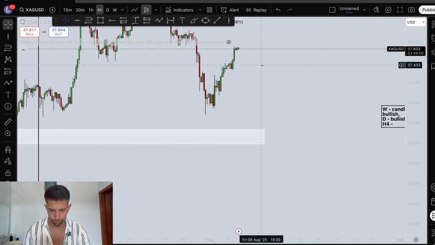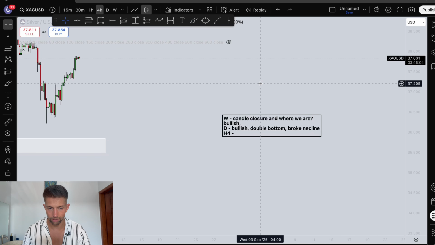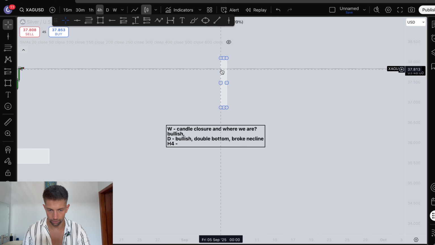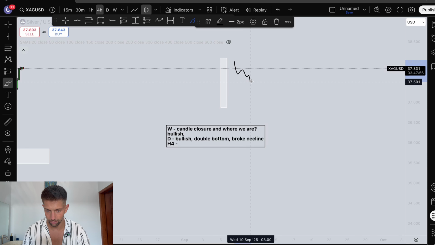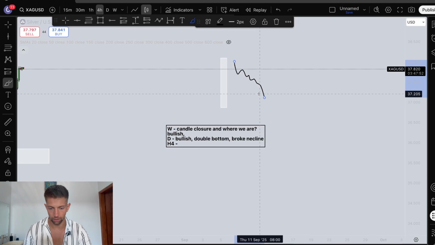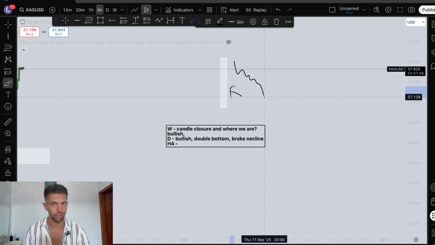Because if weekly candlestick closes like this, to the upside, but 4 hour is doing something like this, I'm not gonna be immediately hopping into buys, only because this is bullish. I need to see the structure, because remember, structure and price is king. If the momentum is down, structure is king.